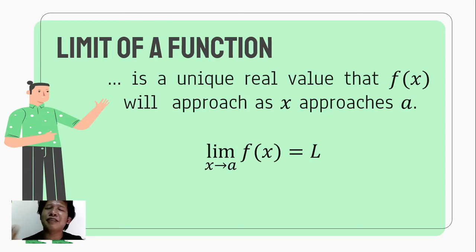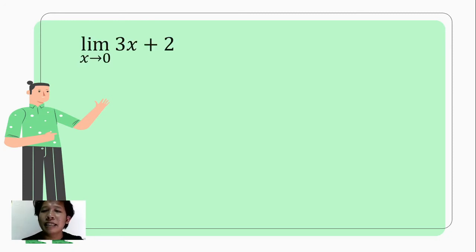So let us try to visualize a limit of a function using this example. Suppose we have the limit of 3x plus 2 as x approaches 0. So, ano daw po yung magiging value ng f of x natin, ng function natin, which in this case is 3x plus 2, as the value of x approaches 0.